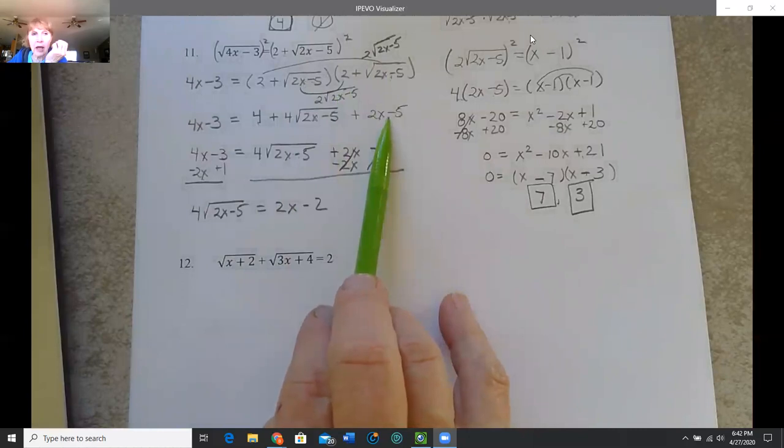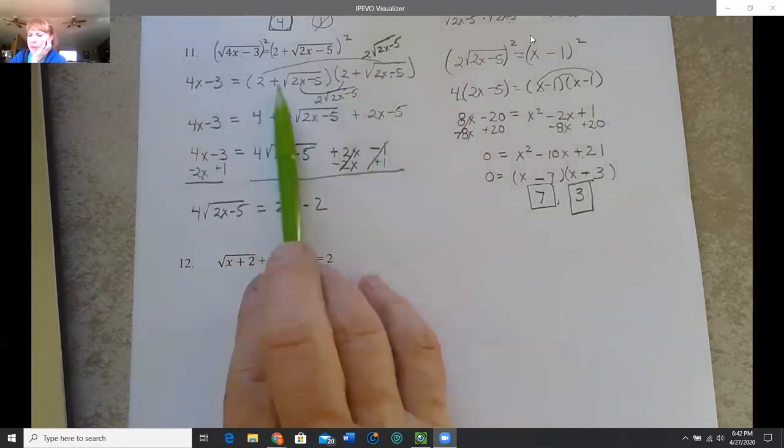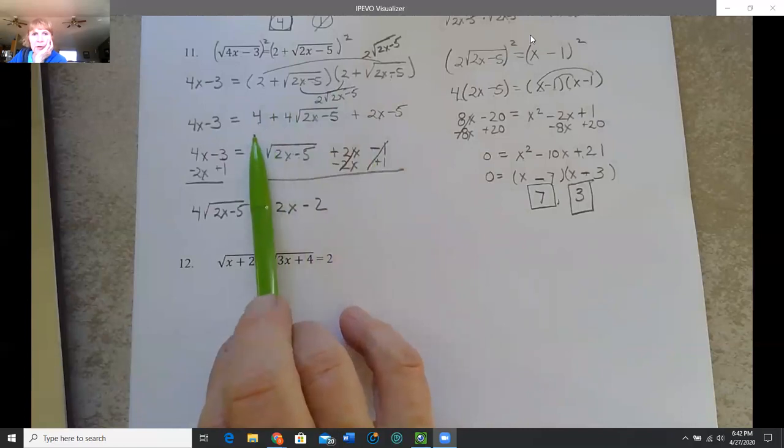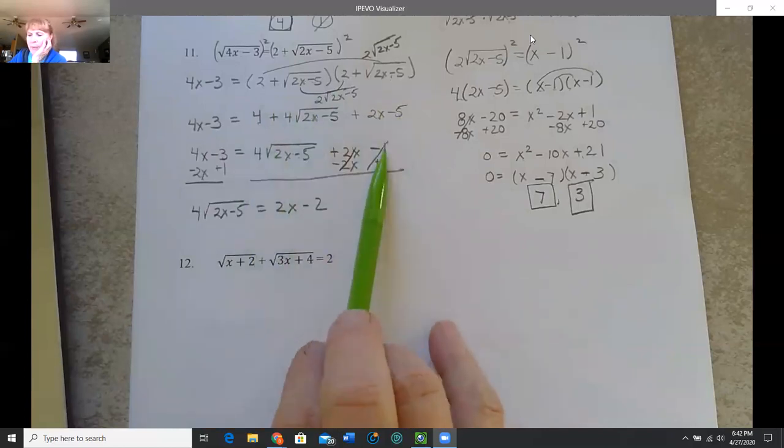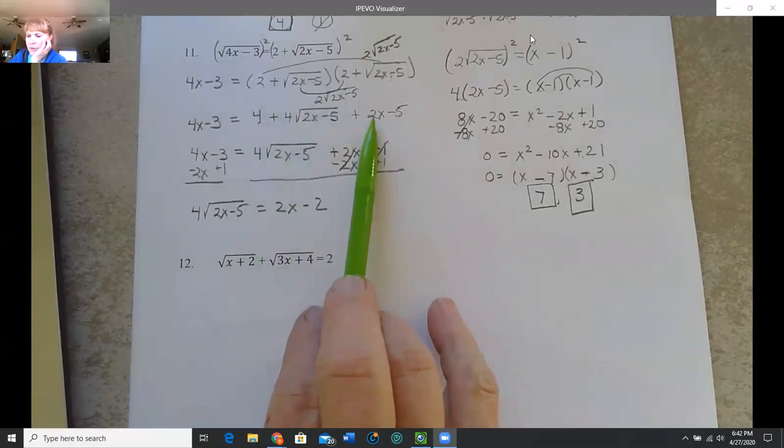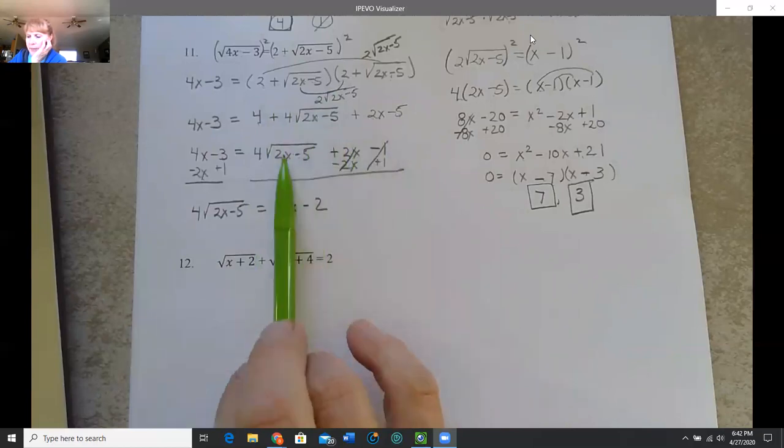That will happen every time. Then you combine your similar terms, that's where the minus 1 came from. The 2x stayed separate.